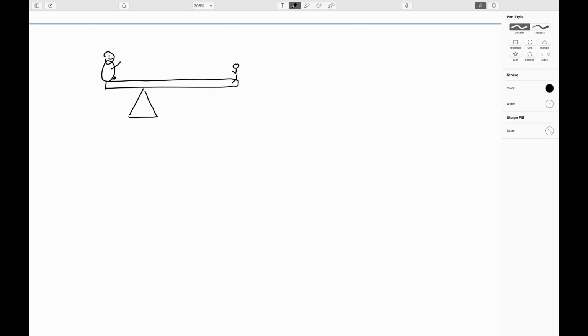Now, the teacher sees this and decides that in order to make it fair, you should move the fulcrum so that the two kids will balance. All right, so let's say this kid has a mass of 50 kilograms here, and we'll say this kid has a mass of 25 kilograms here.